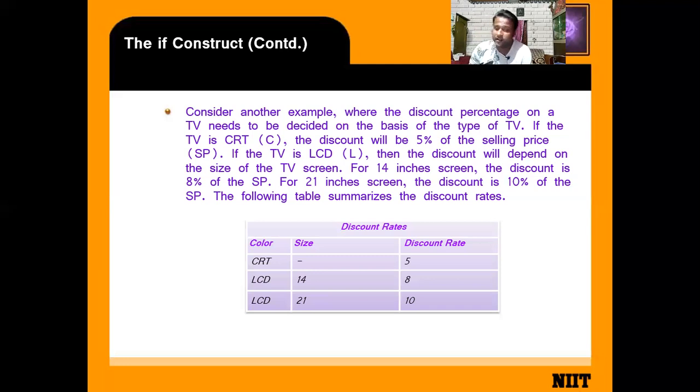Consider another example where the discount percentage on a TV needs to be decided on the basis of the type of TV. Depending upon your type of TV, the discount will be provided. If your TV is CRT, CRT full form is cathode ray tube.